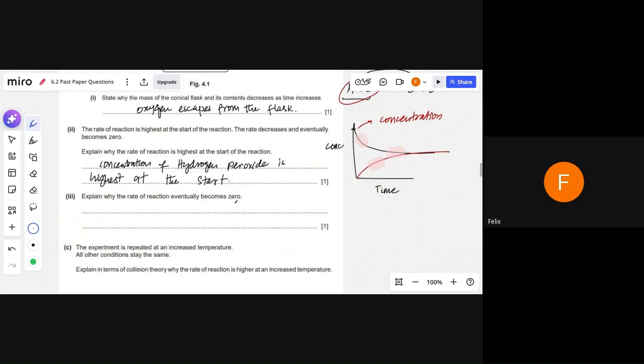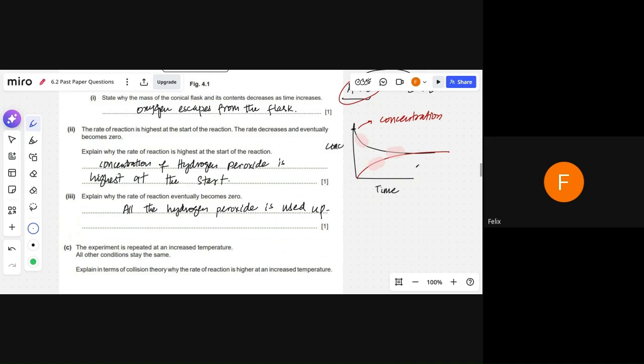All right, explain why the rate of reaction eventually becomes zero. You can say that all the hydrogen peroxide is used up.